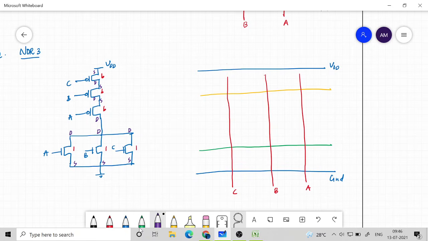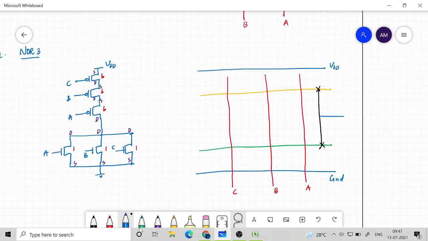Okay, so now we have to make connections. First of all, let me make the connection between the PMOS and NMOS here. So I take the black and then I connect. Okay, so this point is my output. Now, so this got connected.